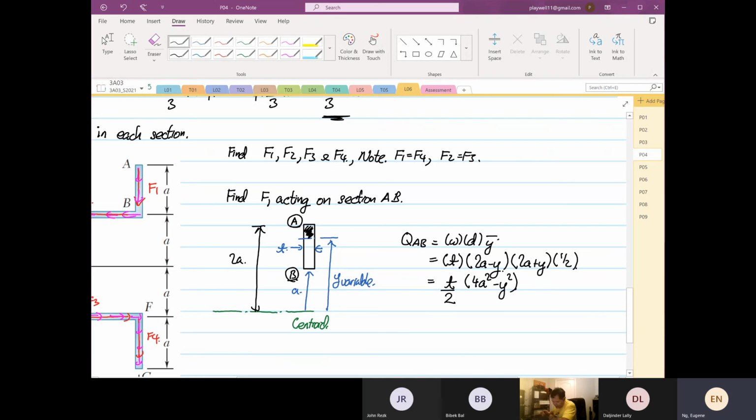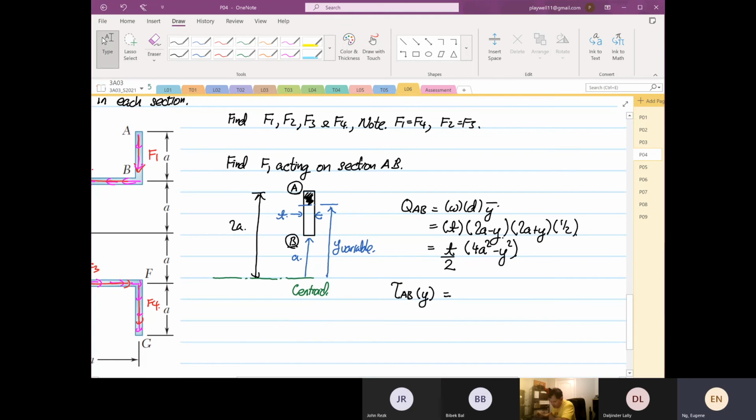Then directly we put into the shear of AB, right, section AB, okay, as a function of Y, right? So this will be equal to V over IT, right? So you just need to include T over 2. Oh, sorry.